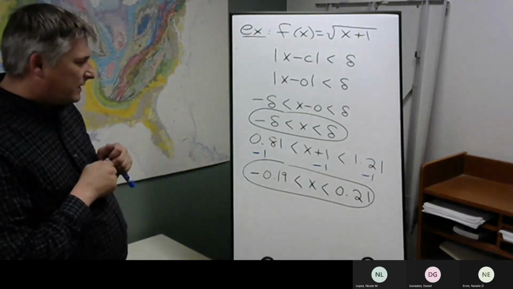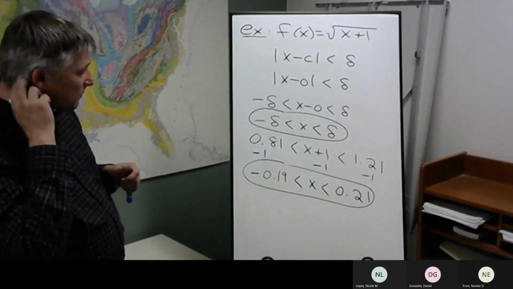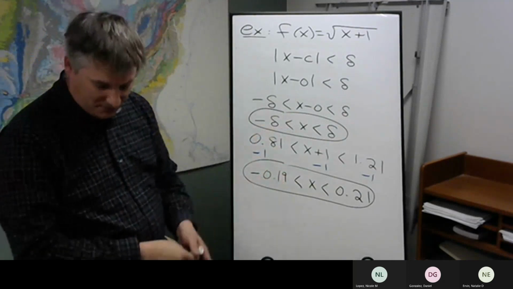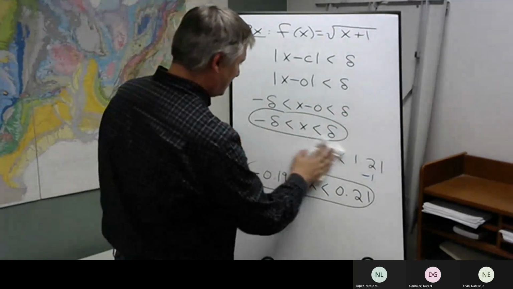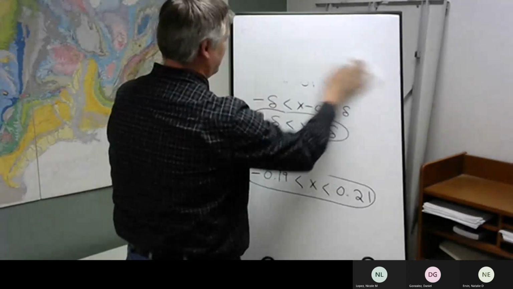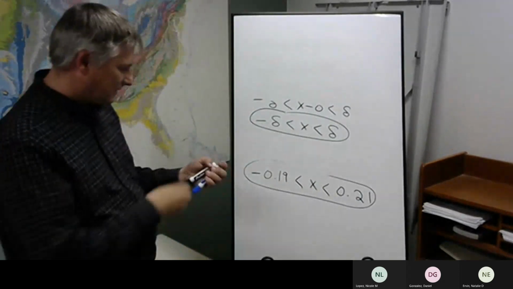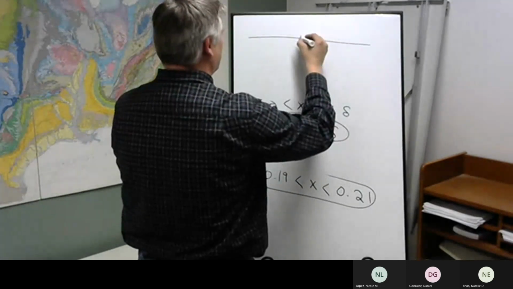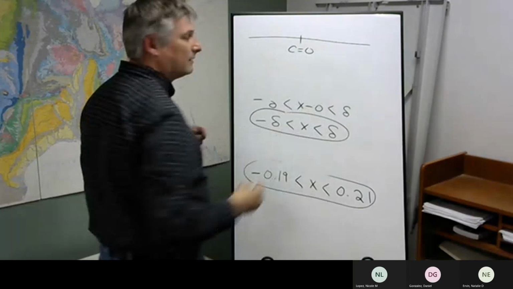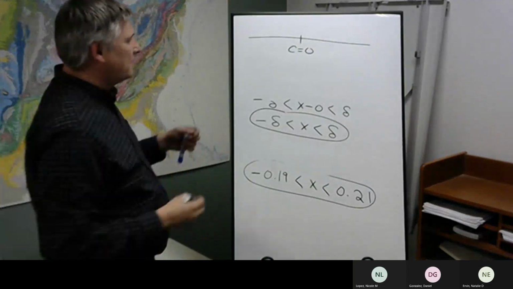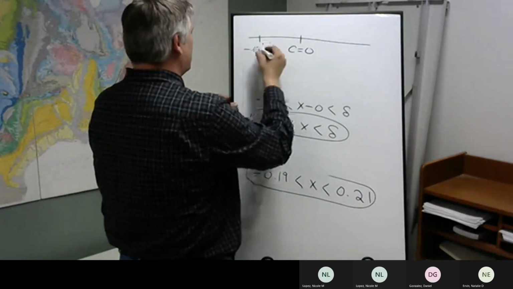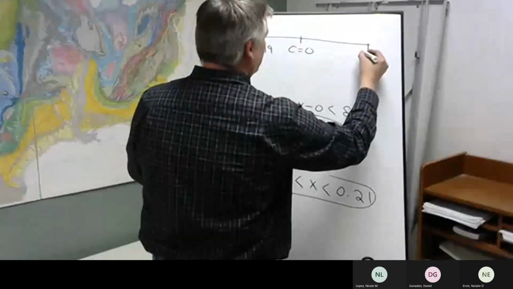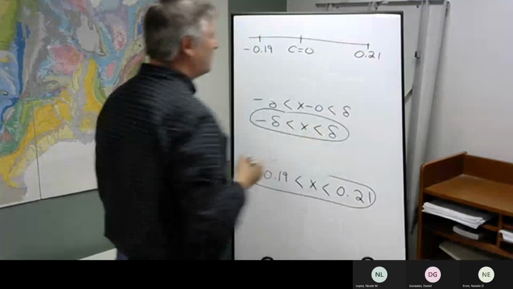So what we can do is we can compare this to this. When doing that, we want to keep in mind that C is equal to 0. Now, negative 0.19 is over here, a little farther over 0.21.